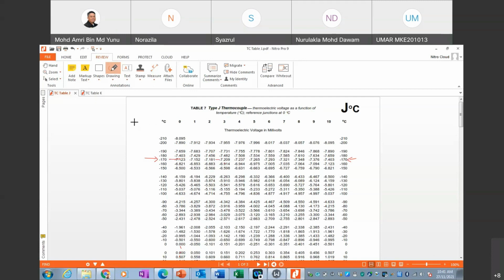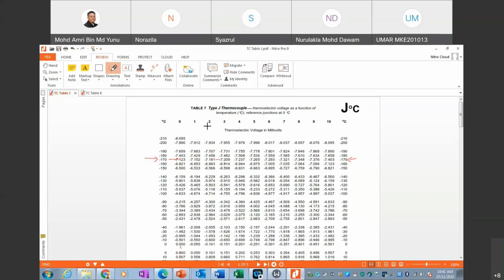So the actual temperature to read, to find from the negative range, you see the negative 172. Look at the top column. So for negative range, you have to minus. Let's say, for example, this is negative 170.